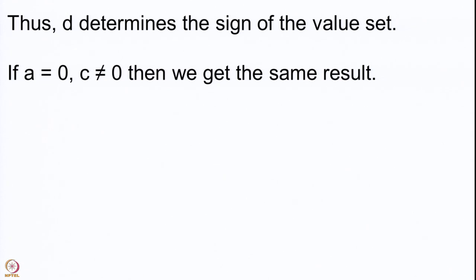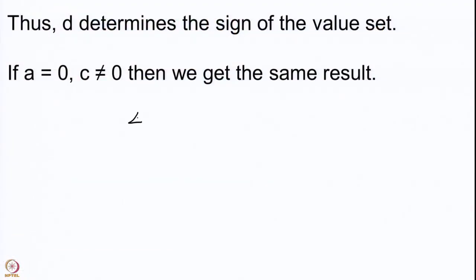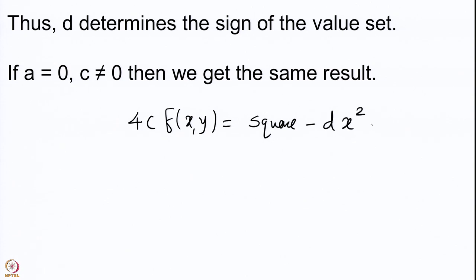Instead of multiplying the value set f of xy by 4A, we would multiply it by 4C, and we would get 4C into f of xy to be a square minus D times x square. If you remember, in the last slide we had 4A f of xy was square minus D y square. Here, because we are multiplying by the coefficient of y, the thing that remains here outside is x square.